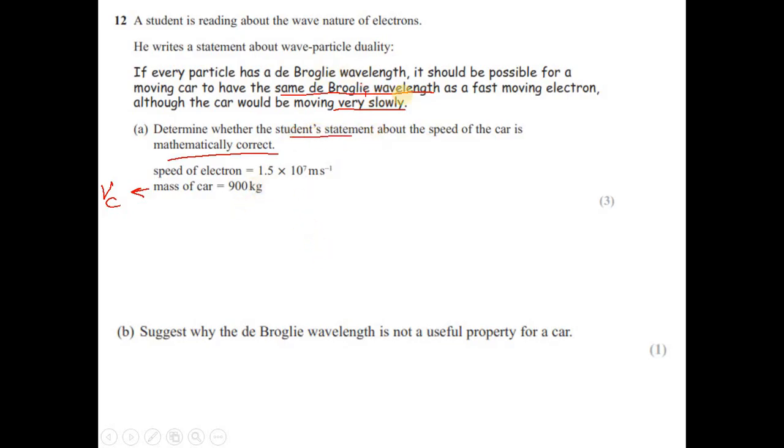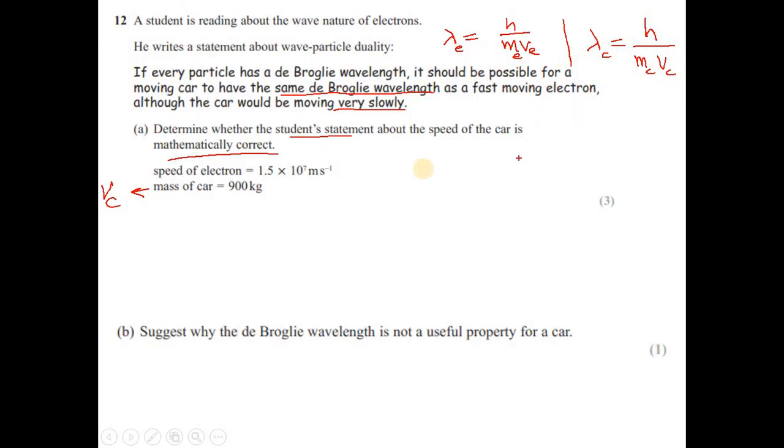So it's all about de Broglie wavelength, or wavelength associated with the moving particle, and you know that the de Broglie wavelength lambda is generally h upon mv. So for the electron, the wavelength is lambda e equals h, Planck's constant, divided by mass of electron times velocity of electron. And for the car, the wavelength of the car, lambda c, is equal to h divided by mass of the car times velocity of the car.